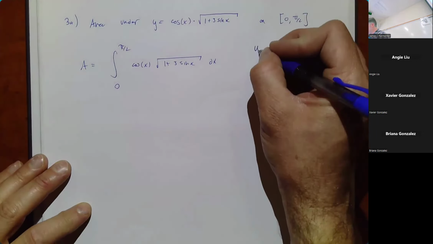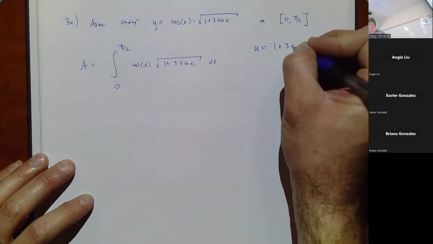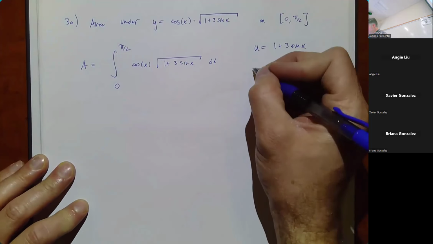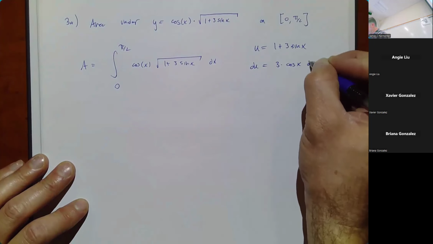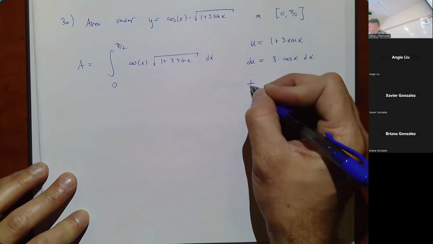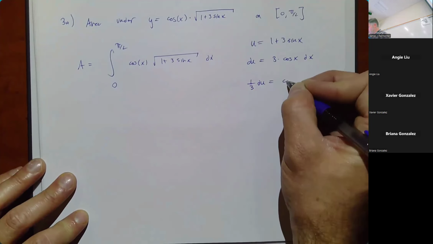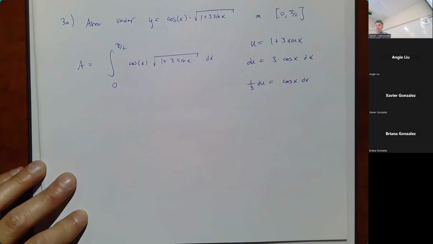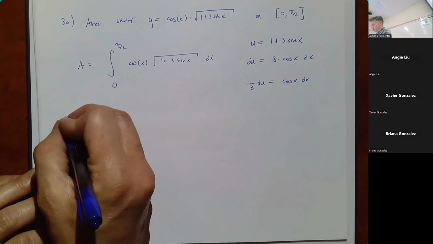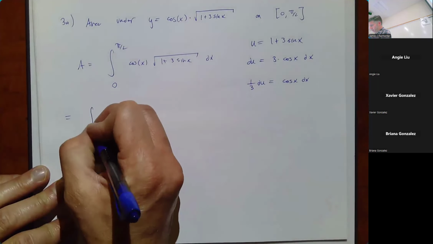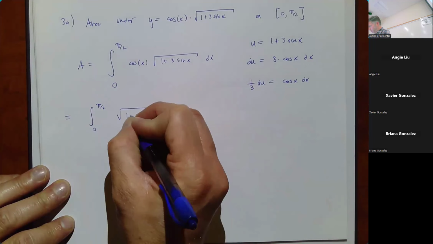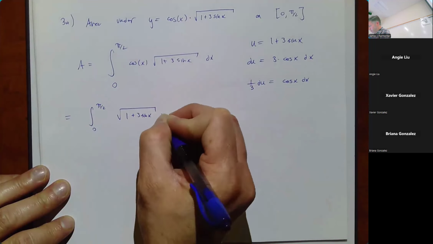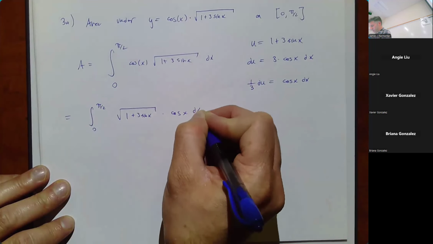So I'm going to make the choice letting u equal to 1 plus 3 sine of x. My du is going to be 3 times cosine of x dx. So 1/3 times du is going to equal cosine of x times dx. I'm going to reorder my integral as the square root of 1 plus 3 sine x times cosine of x dx.